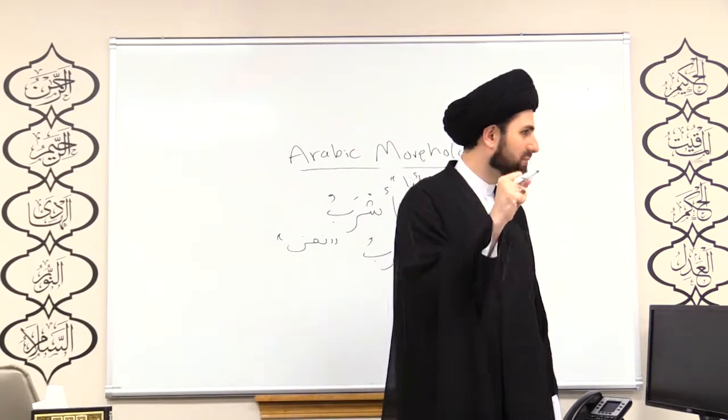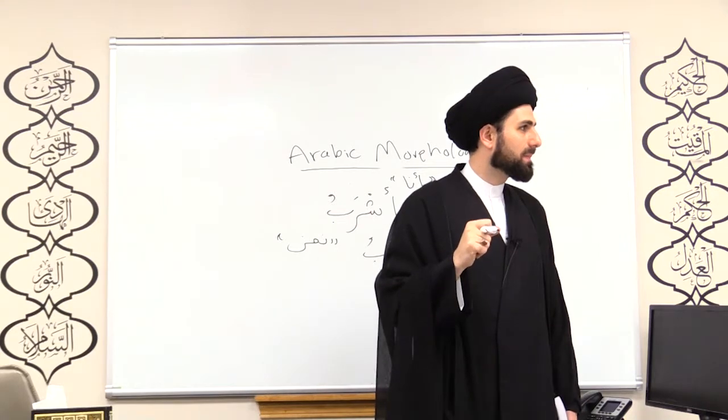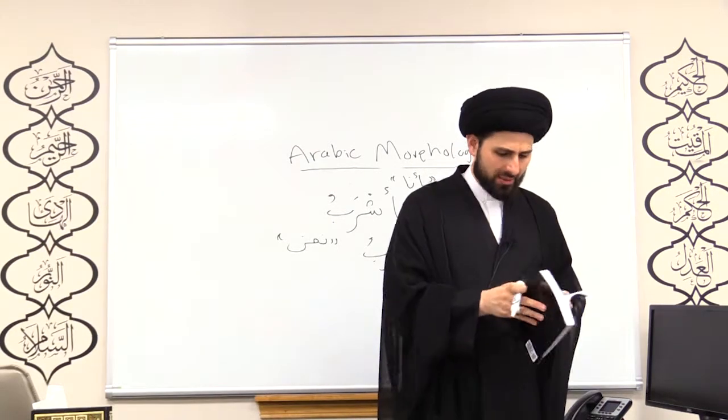So when it comes to fi'l al-mudari', how many hidden pronouns do we have so far? 5. What are they? Recap. Huwa, hiya, anta, ana, nahnu. Let's add anti. Anta, you. Anti, does anti have one?